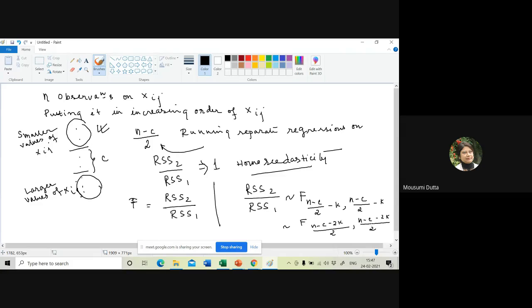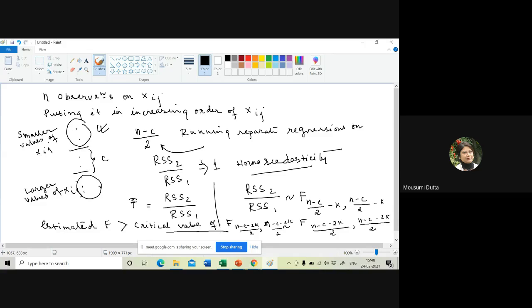Step 6. Reject H naught if and only if the estimated F value is greater than the critical value of F. This critical value you are getting from the table.